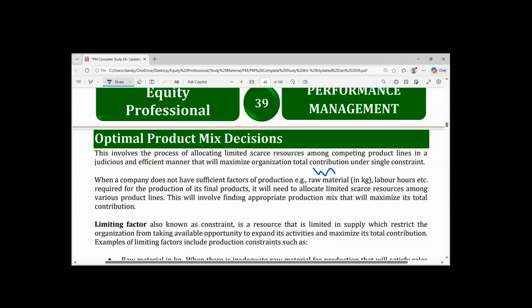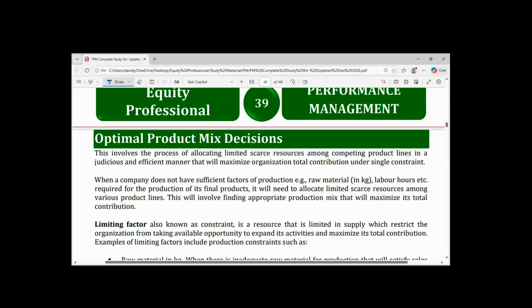When only one factor of production is limited in supply, that is when you apply optimal product mix in achieving a production plan that will maximize contribution or profit to the organization.